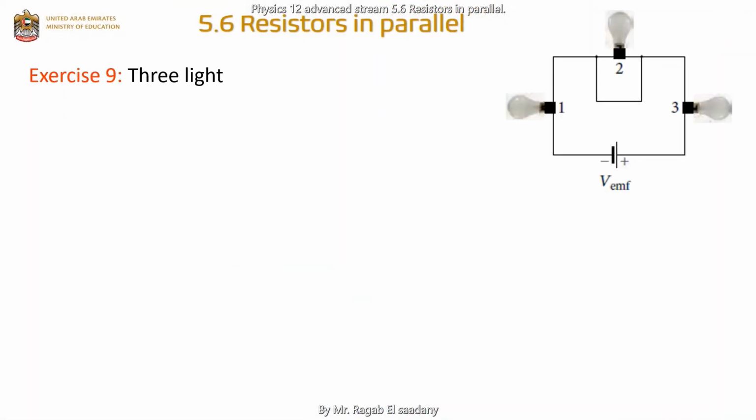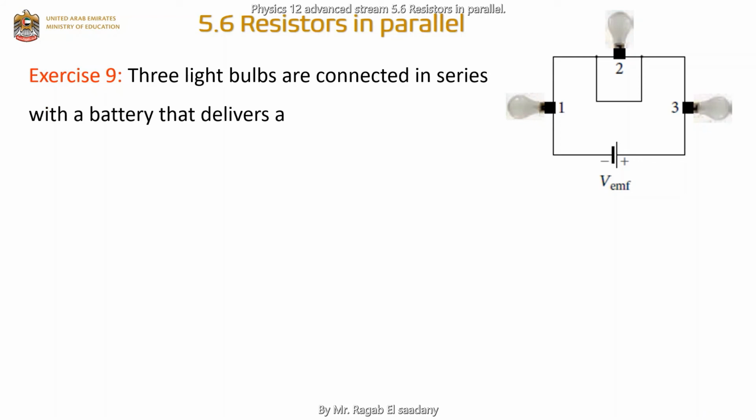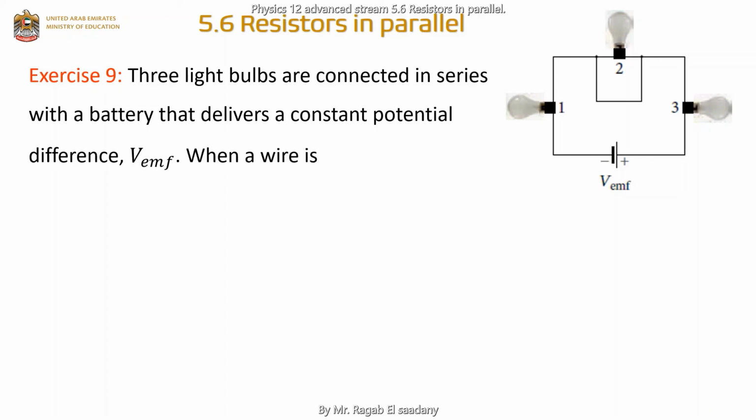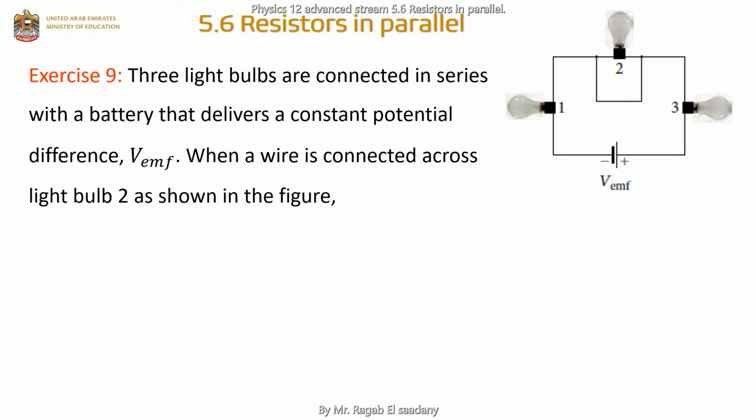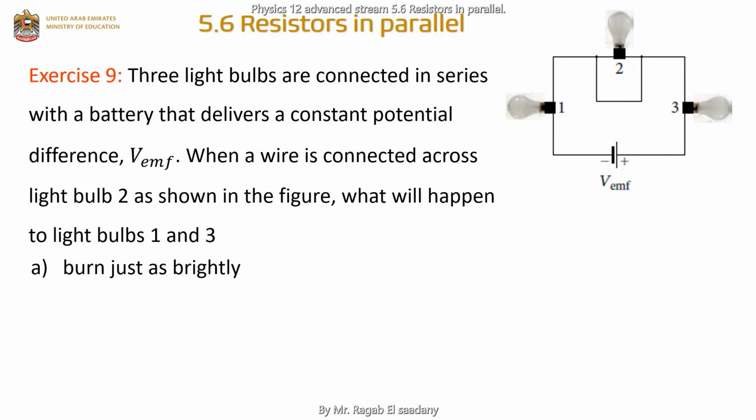Exercise 9. 3 light bulbs are connected in series with a battery that delivers a constant potential difference V EMF. When a wire is connected across light bulb 2, as shown in the figure, what will happen to light bulbs 1 and 3? A. Burn just as brightly as they did before the wire was connected.